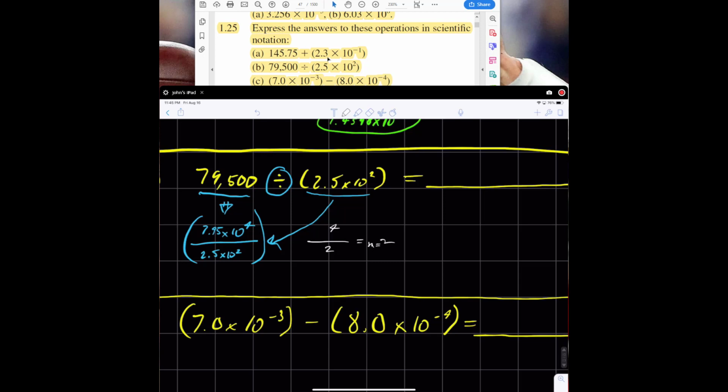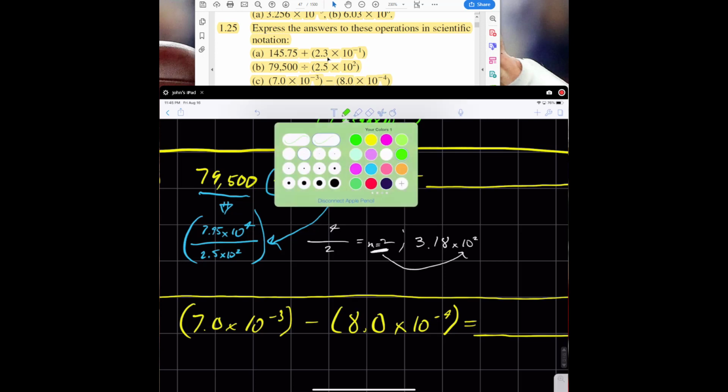So you could actually do this out in your calculator. We can do 7.95 divided by 2.5, right? Our resulting answer, or quotient I should say, is 3.18. And because we figured out what our exponent is, we can say it's 3.18 times 10 to the 2.